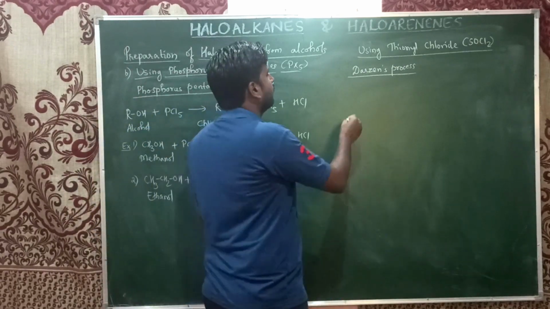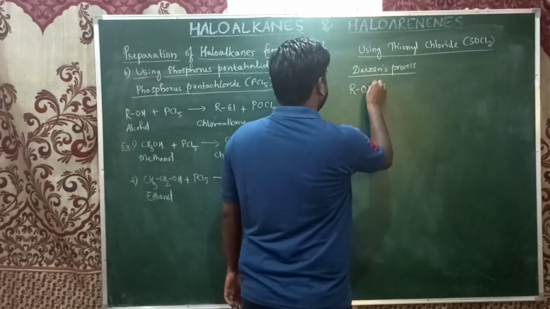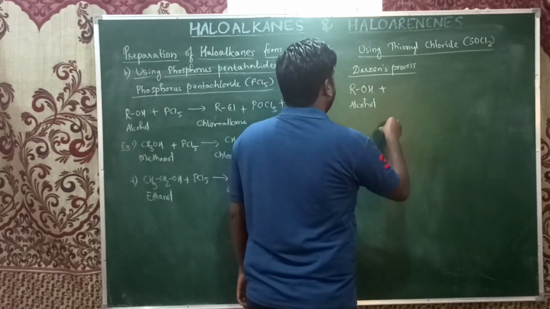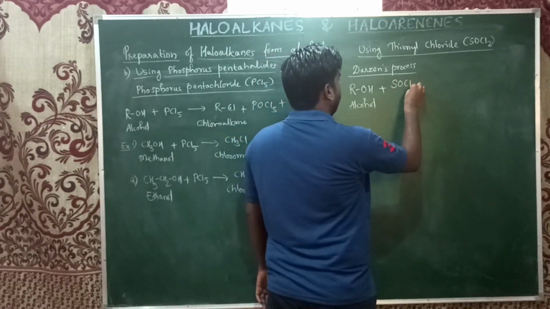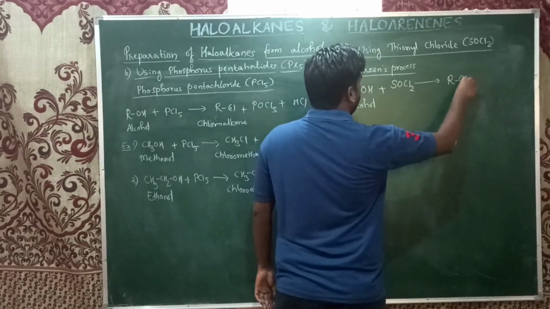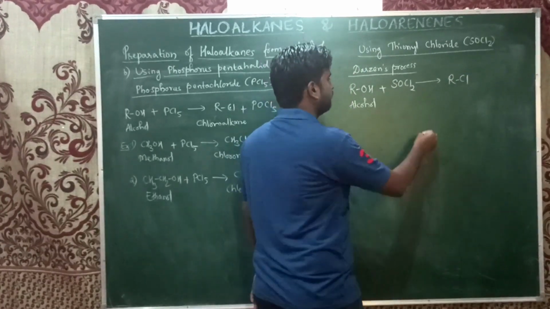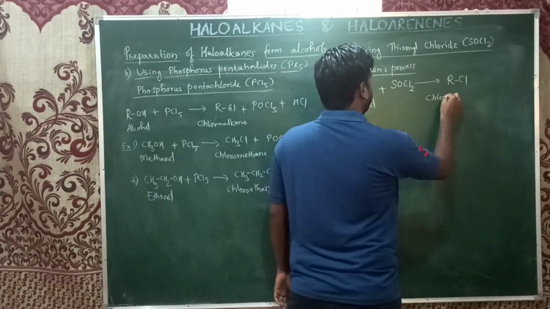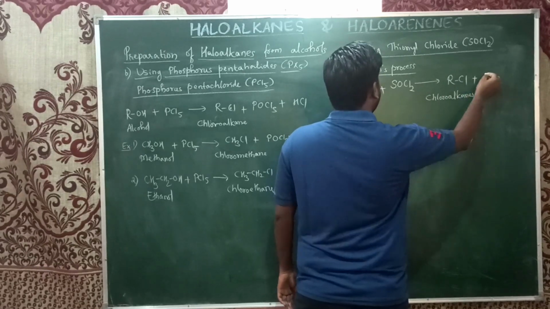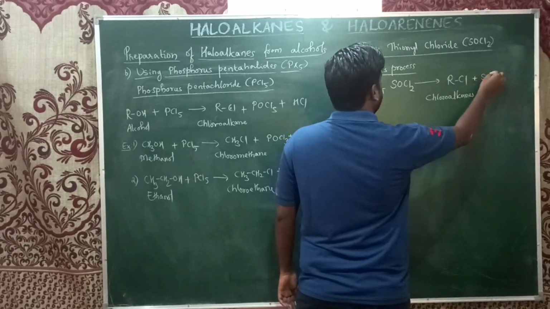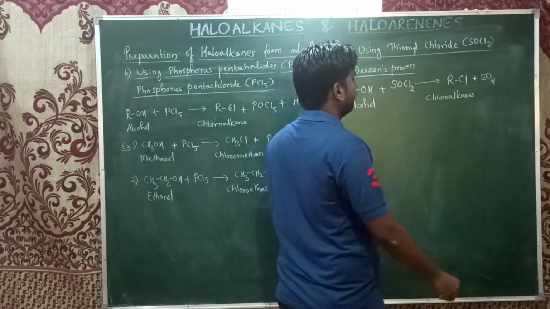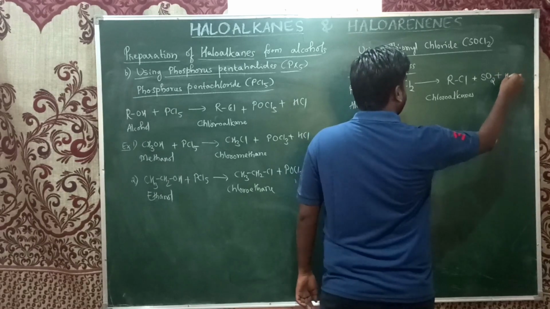Okay, so here alcohols, when they react with thionyl chloride, are going to give us chloroalkanes only as the products, with the elimination of sulfur dioxide and HCl.